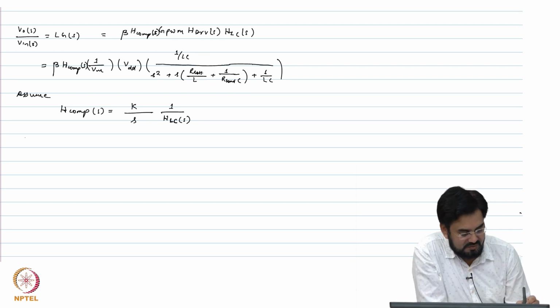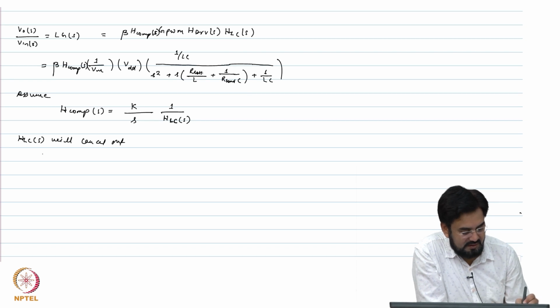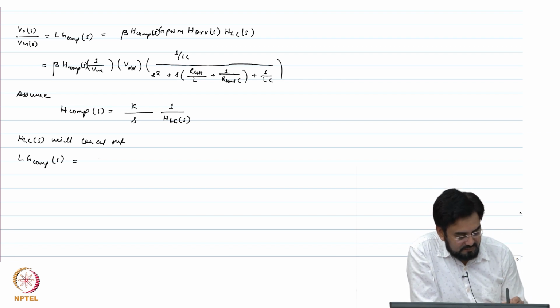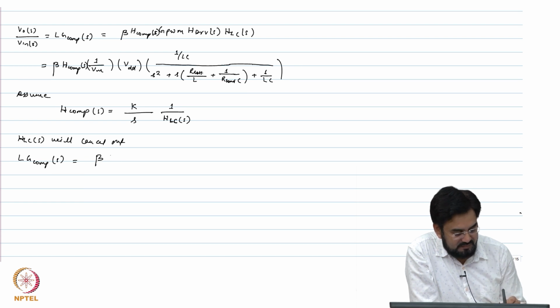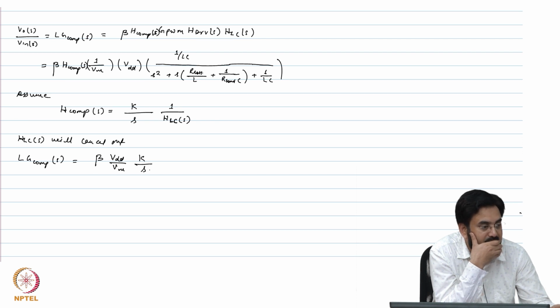Okay. So, your HLC will cancel out and your leftover, if I call it LG compensated S, you have beta VDD over VM, K over S. Is it possible?